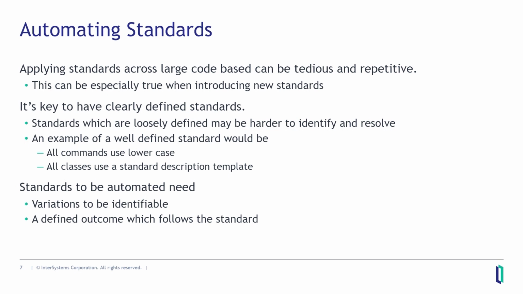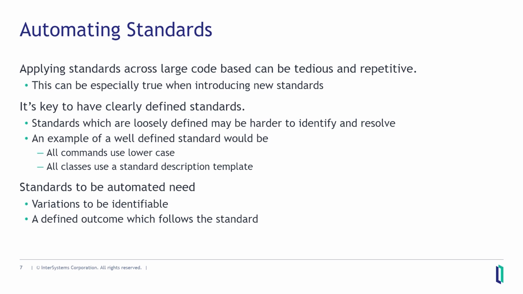If you're going to do something where you're automatically applying a change or identifying something where it deviates from the standards, then you've got to really be able to nail down what the standard is and what fits in and what doesn't fit in. If there's a maybe in there, then you're either just going to do a warning or say, hey, this might be an issue, but you can't really automatically take that and change it to something else unless you really nail down that any instance that meets this criteria is going to be looked at and changed to fit a different outcome.